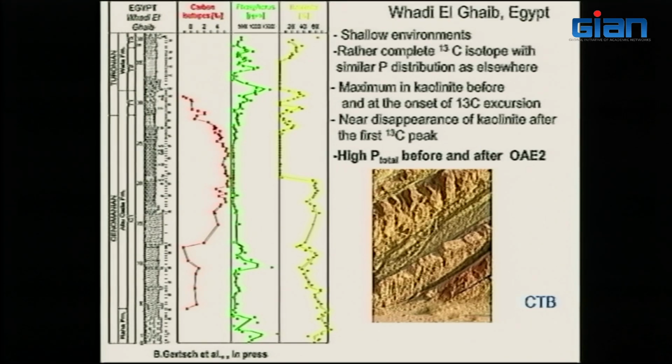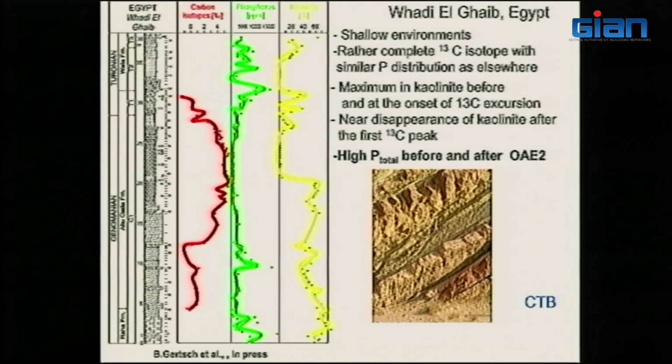And you can see again, you have a peak in phosphorus preceding the onset, and after no more phosphorus during all this excursion. Meaning that here maybe also phosphorus is sustaining the productivity and explains more or less the persistence of high values of delta C13. And if you see the kaolinite, exactly the same thing, increasing kaolinite and after decreasing kaolinite, meaning that we have a change in climate here. So you can really export this model to a lot of locations in the world, okay?